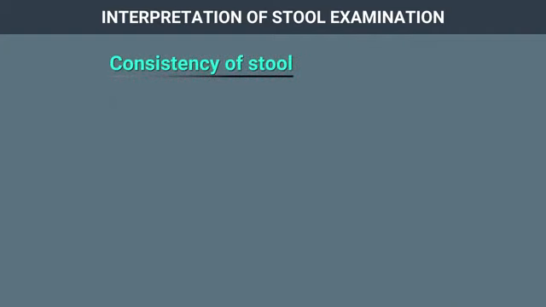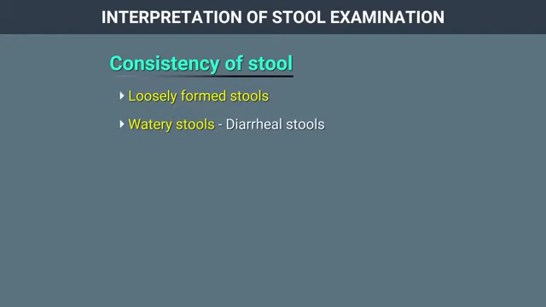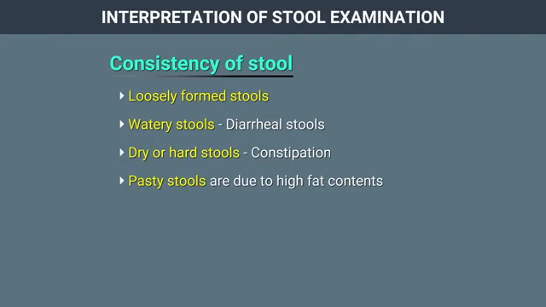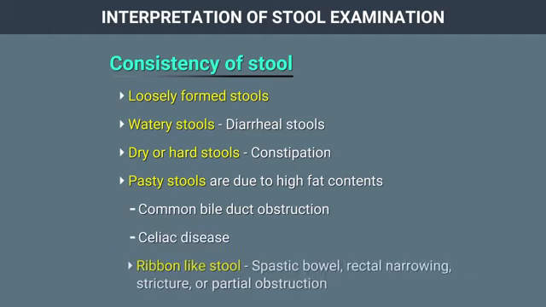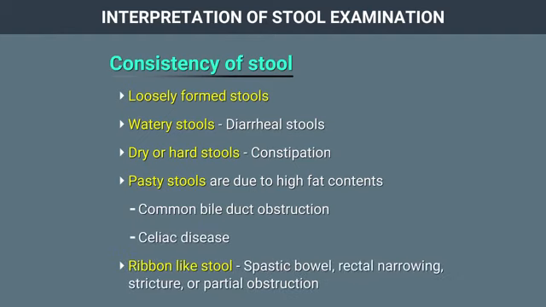Consistency of stool is described as loosely formed stools, watery stools as seen in diarrheal stools, dry or hard stools as seen in constipation, pasty stools due to high fat contents and seen in common bile duct obstruction or celiac disease. Ribbon-like stool suggests the spastic bowel, rectal narrowing stricture or partial obstruction.